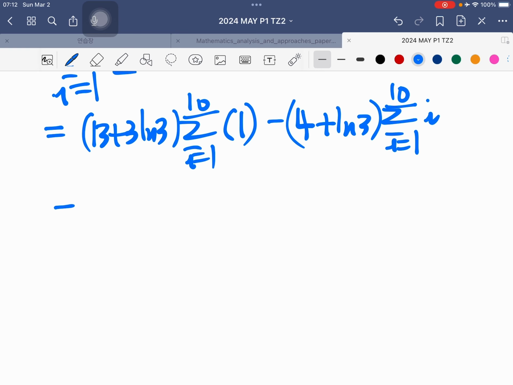So we can calculate. 13 plus 3 ln 3, and sigma I from 1 to 10 of 1 means 1 plus 1 plus 1, all the way.